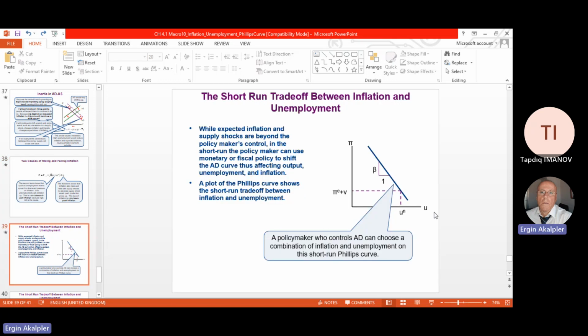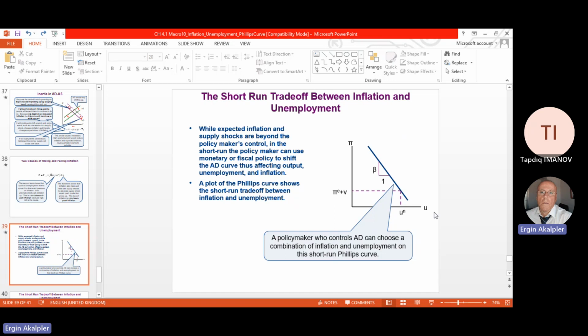The short-run trade-off between inflation and unemployment: while expected inflation and supply shocks are beyond the policymakers' control, in the short run the policymakers can use monetary or fiscal policy to shift the aggregate demand curve, thus affecting output, unemployment, and inflation. A plot of the Phillips curve shows the short-run trade-off between inflation and unemployment.